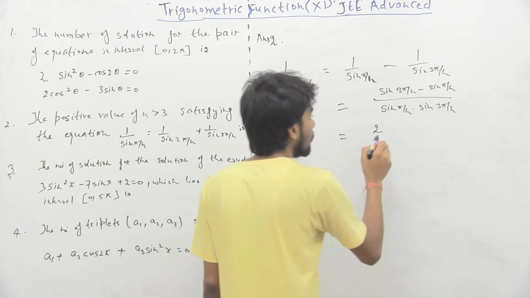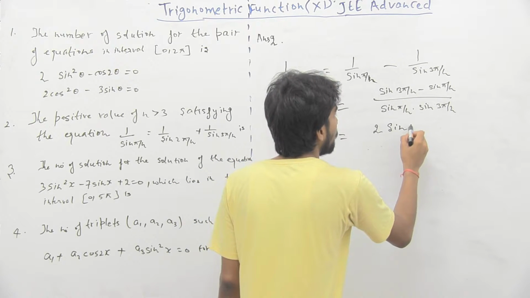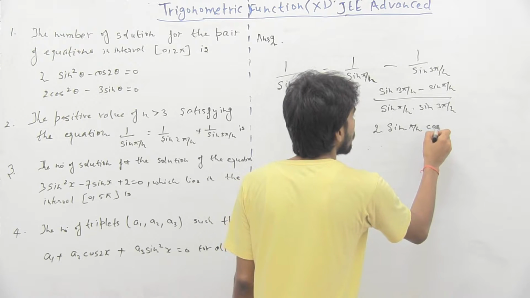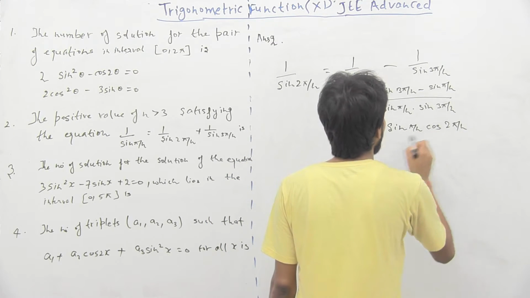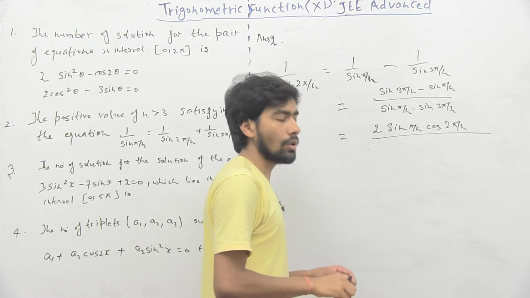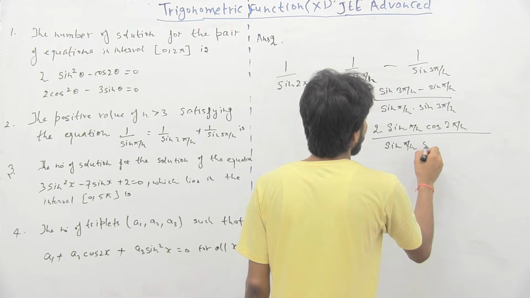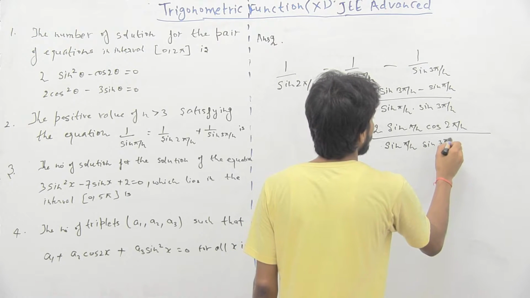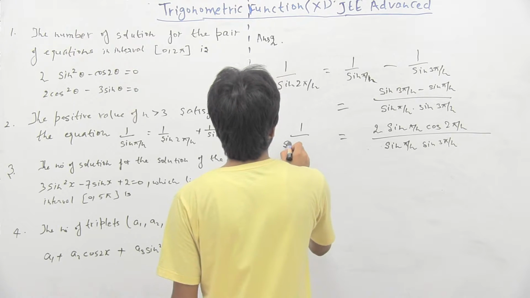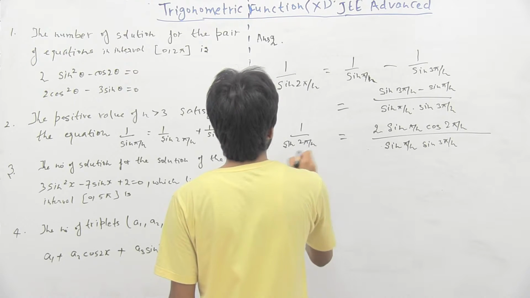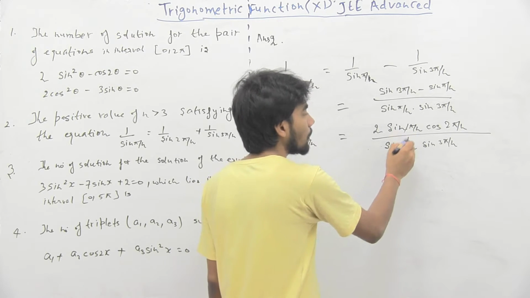So we will write here 2 sin of pi by n into cos of 2 pi by n. Now these two terms will get cancelled out.